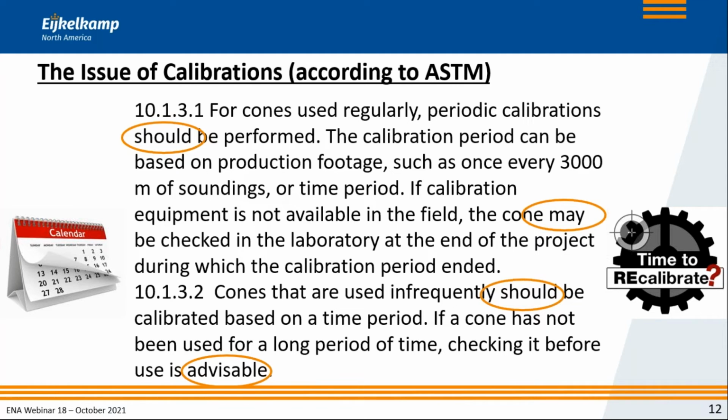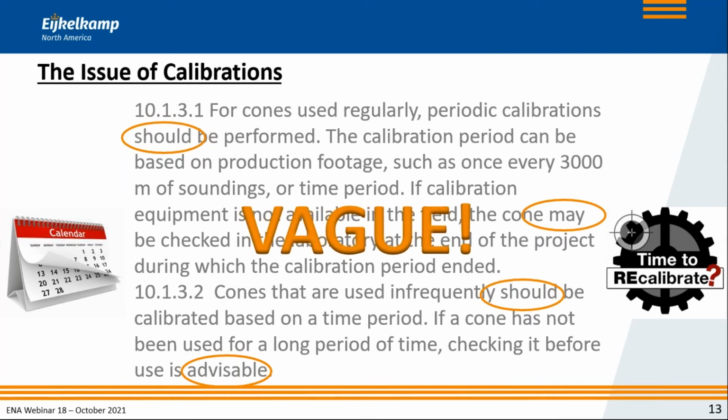In other words, suddenly the code that is so specific about everything else turns into something that is very vague. And the user or the owner or the person who is prescribing CPT is kind of left hanging. When is calibration required? And how do we define it? How is it going to be done?